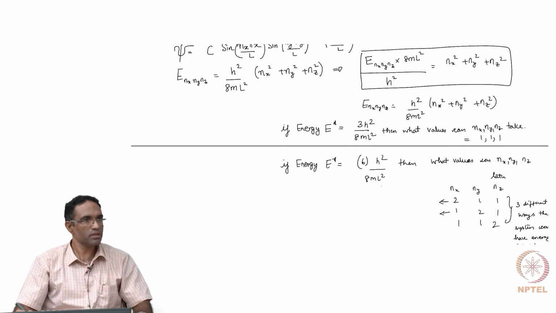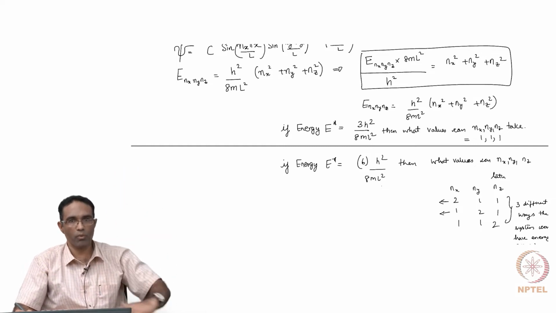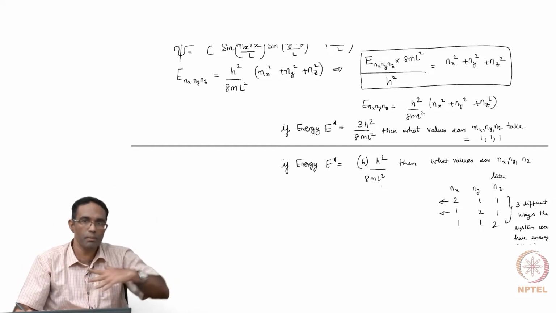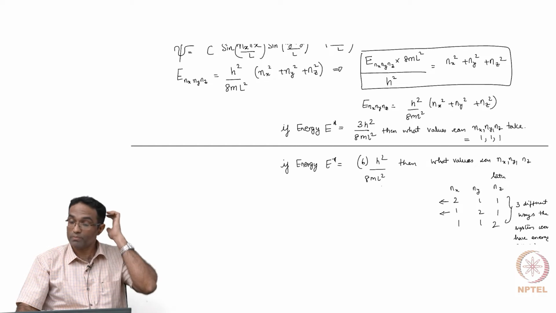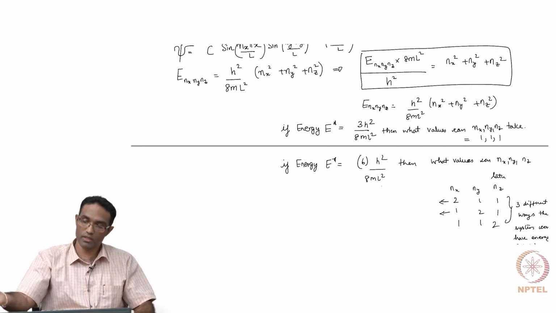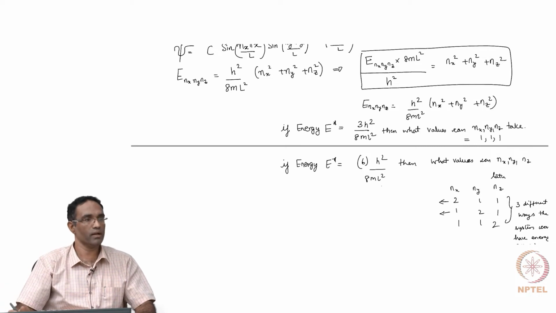Which essentially is what quantum mechanics is telling you, that the energy levels of a system are actually discrete. They jump from one value to the other without anything in between, right? Like what is happening here. Now, this is demonstrating how different states can exist with the same energy level.